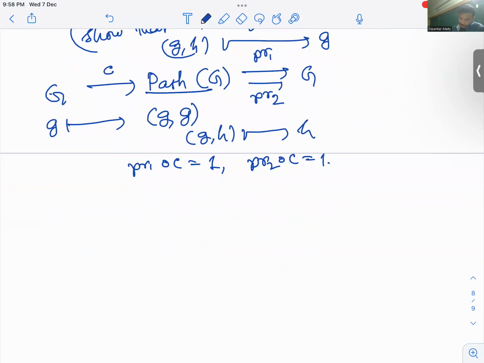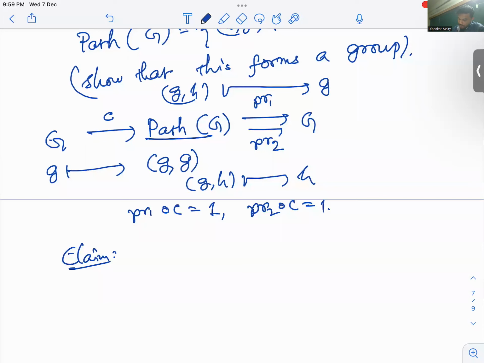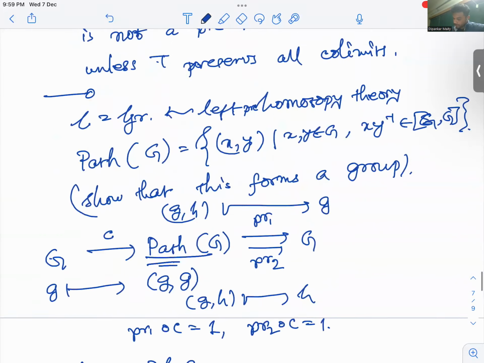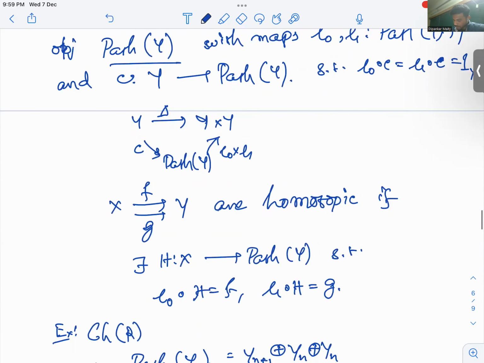My claim is the following. Collect all homotopy equivalences that you can from the path structure, following the definition just as here.